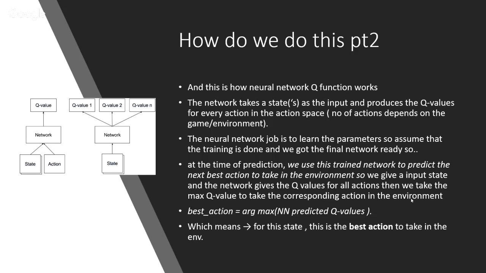If you've done deep learning, you understand this. So, for example, object recognition would give you Q values of objects that it's recognized. Well, it won't give the Q values, but gives you the predicted values.